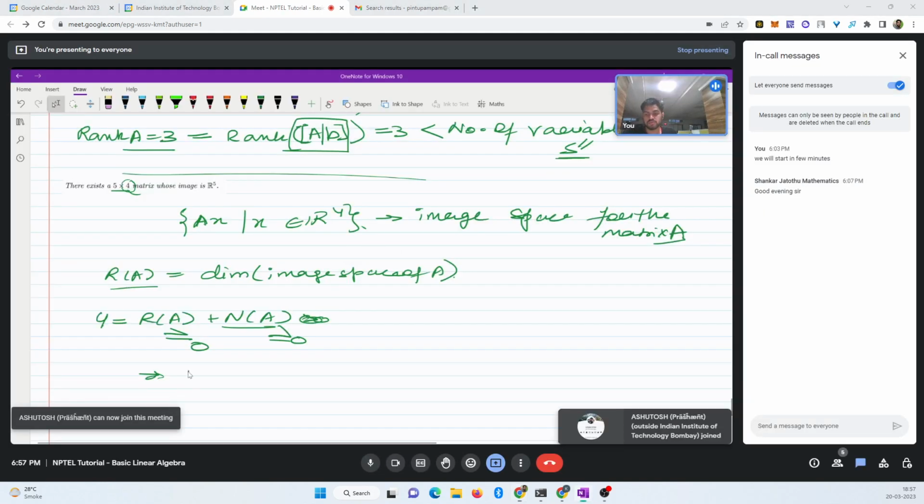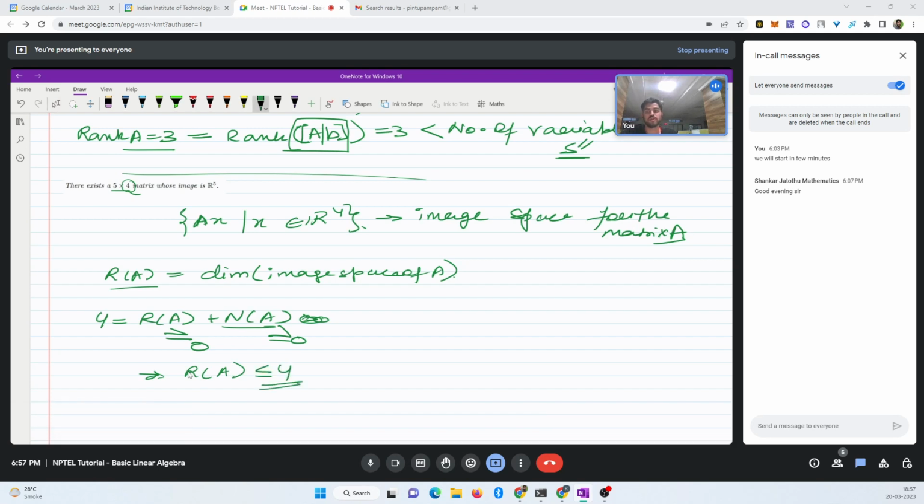What does this give you? Rank of A should be less than or equal to 4. That's the only possibility. But what it is asking is that rank of A should be equal to 5, which is not possible. So this statement is also false.